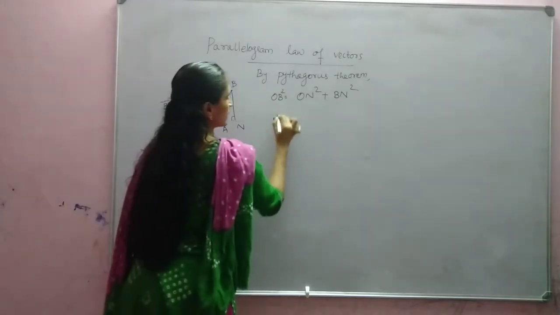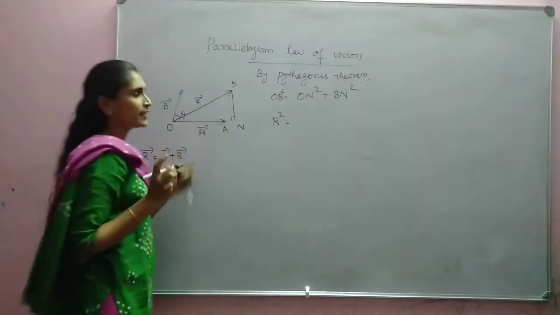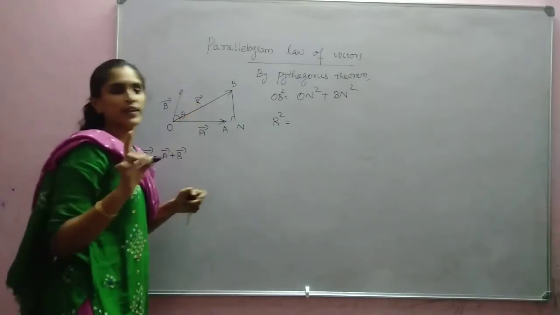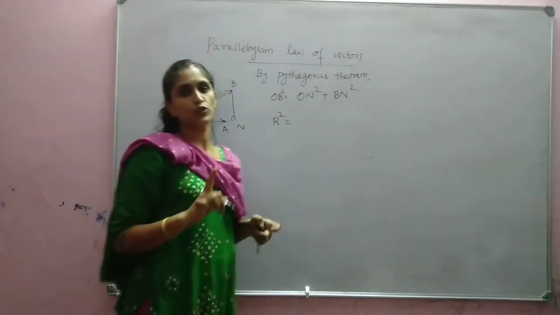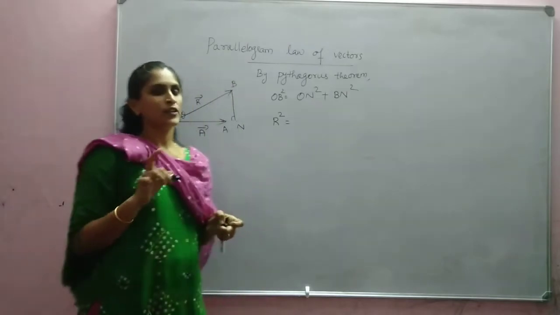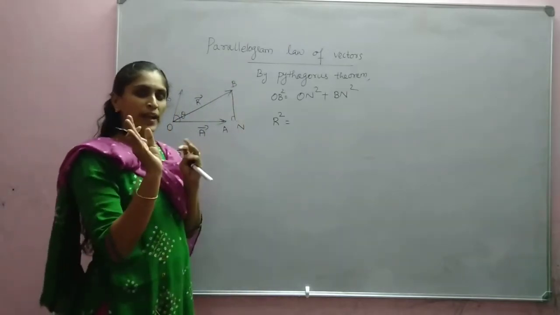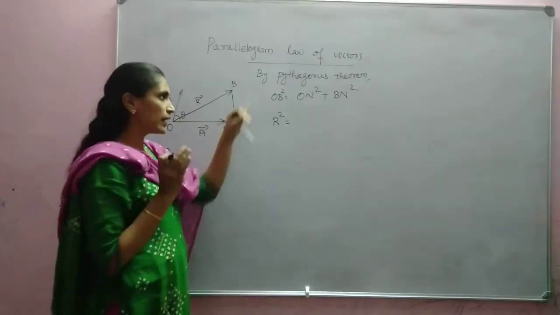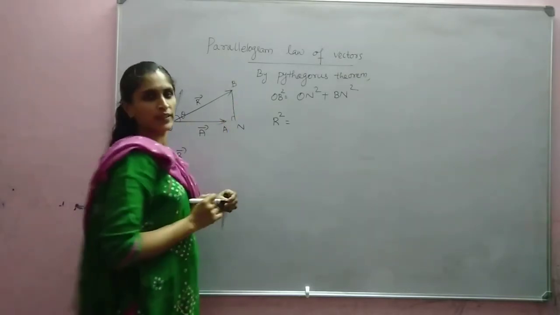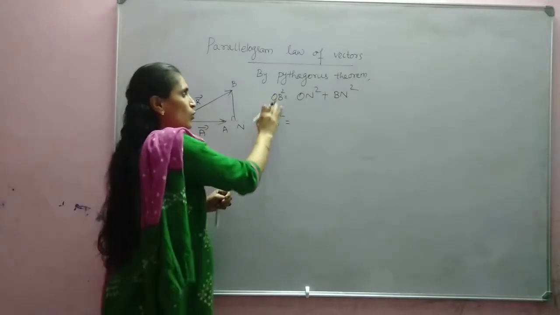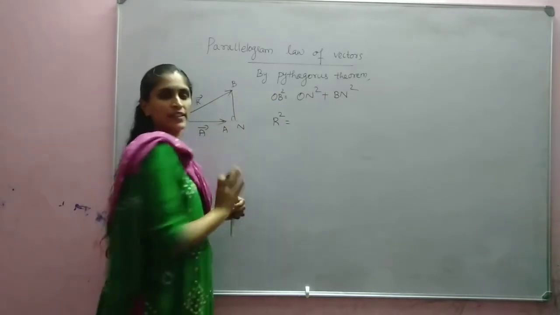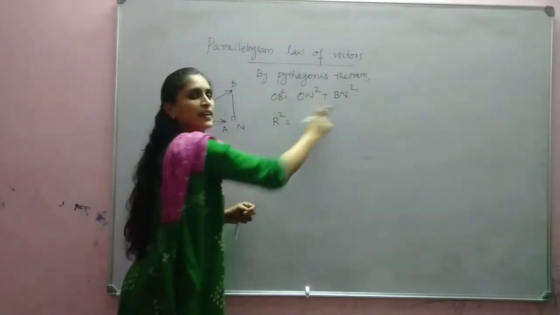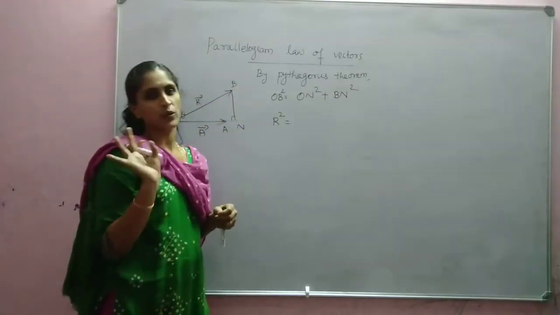So we can write R square. We should not write the vector notation. If you write vector notation, you have to specify not only the magnitude but also the direction. Here we are finding only the magnitude first, the length OB, using the Pythagoras theorem. So from now on, until we get the result, you should not write vector notation; if you write it anywhere here, it will be completely wrong.